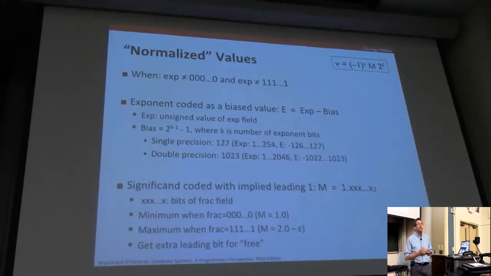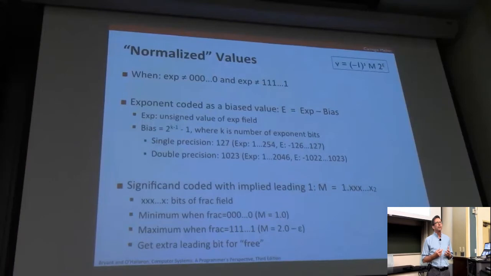So it turns out the reason they do this, and we'll come back to it, is that if we encode the exponent e using this bias representation, the smallest negative exponent is represented by all zeros, and the largest exponent is represented by 0, 1, 1, 1, 1.